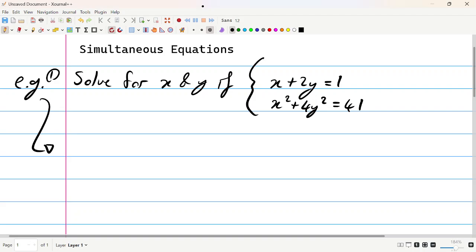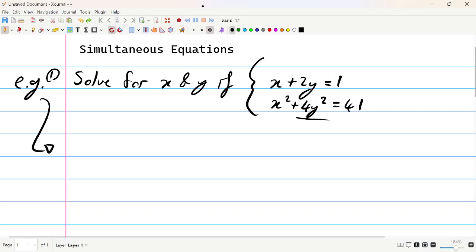But for now, let's learn how to actually solve for x and y, because that is essentially the question in this case over here. So, x plus 2y is equal to 1, and x squared plus 4y squared is equal to 41.